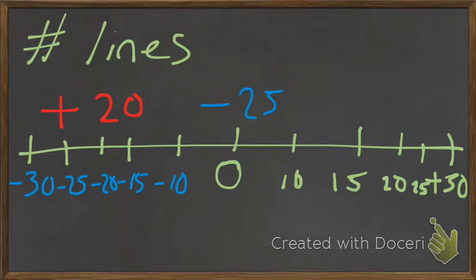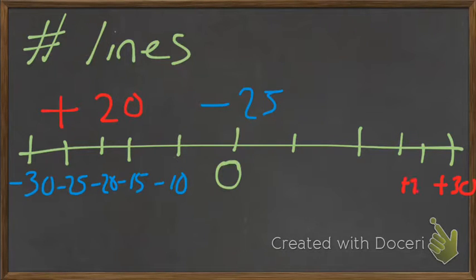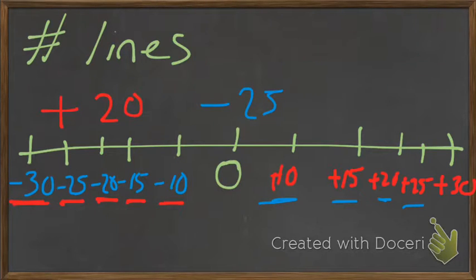Everything on this side is going to be red because it's positive. Positive 30, positive 25, positive 20, positive 15, positive 10. Now I apologize, my number line is not to scale, but we can clearly see the numbers corresponding with each tick on the line.